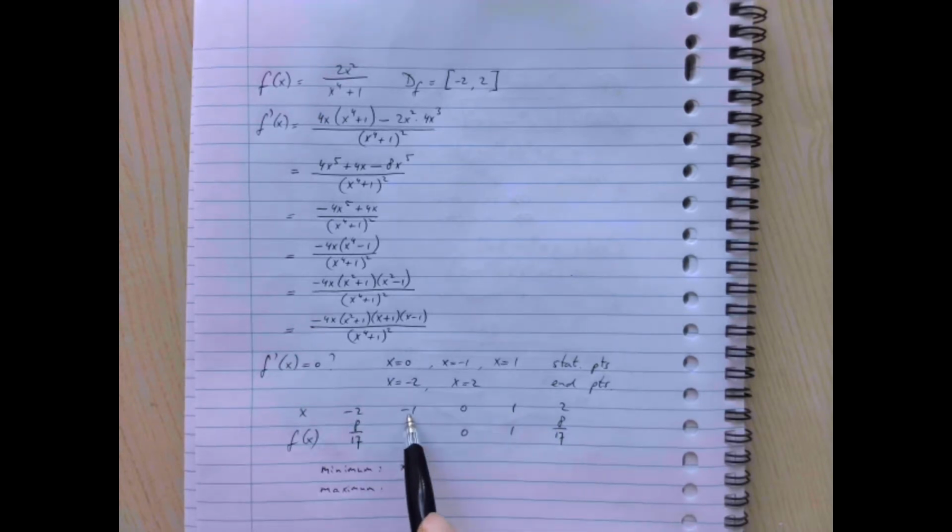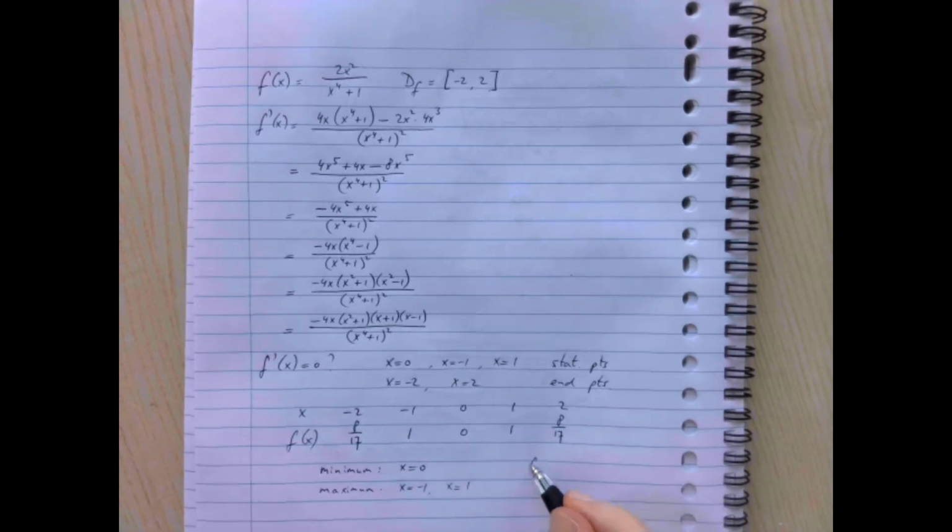And the maximum actually occurs simultaneously at 2 points, namely x equals 1 and x equals -1, because the function value is 1, which is higher than 8/17. 8/17 is approximately a half, and so 1 is bigger than that, of course. So x equals -1 and x equals 1 together are both the maximum of this function. f(0) equals 0 and f(-1) equals f(1) equals 1. Minimum and maximum. So there we go.